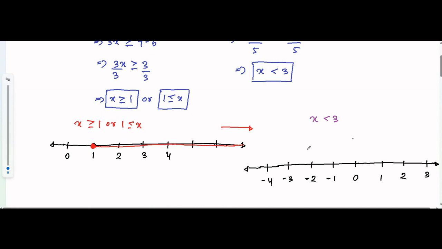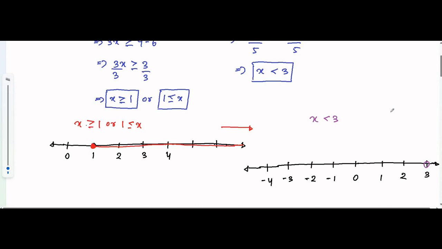So x is lesser than 3. So here 3 is not part of the solution. Every other real number which is lesser than 3 is part of the solution. So here 3 will be highlighted with a hollow circle, because 3 is not included in the solution. Here, because of this equal to sign, x greater than or equal to 1, we highlighted this point with a darkened circle.